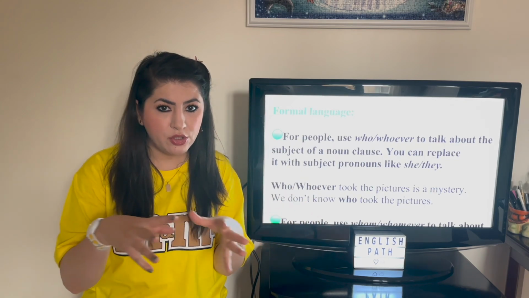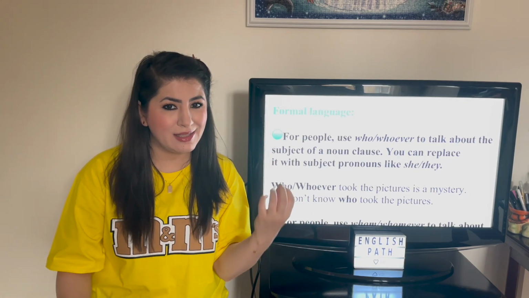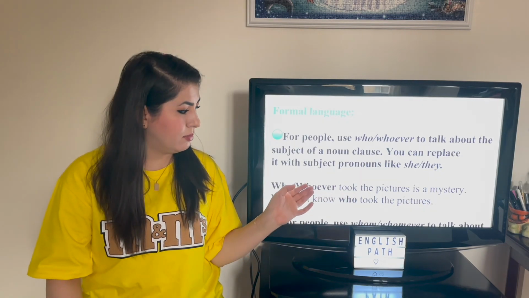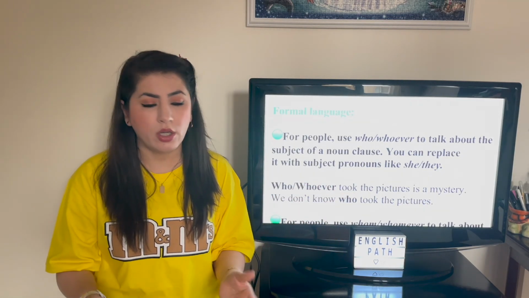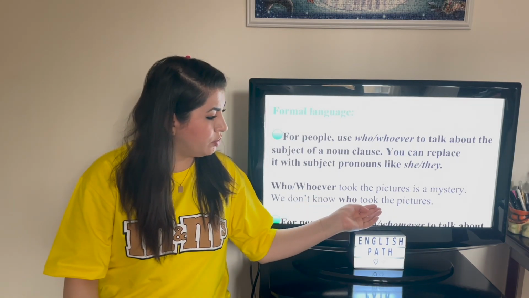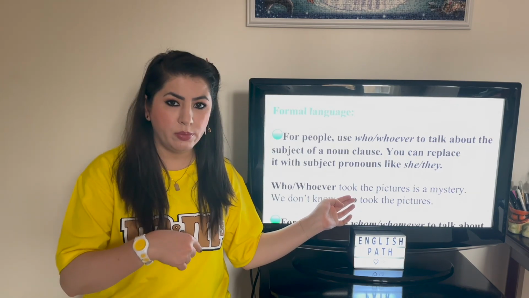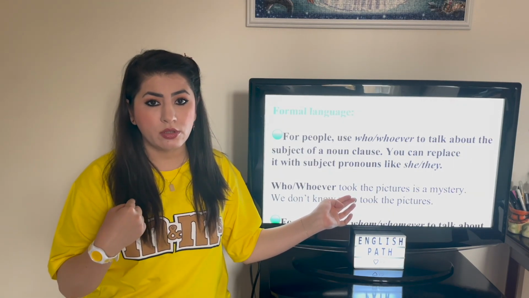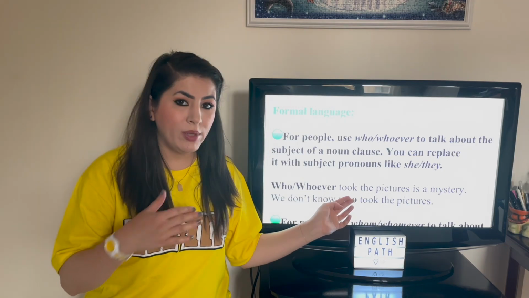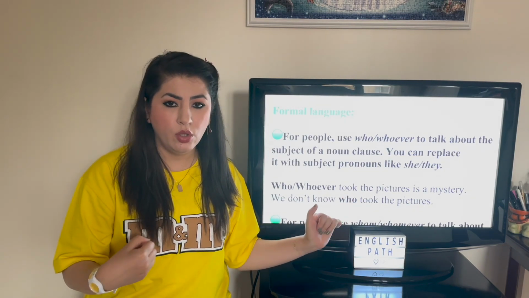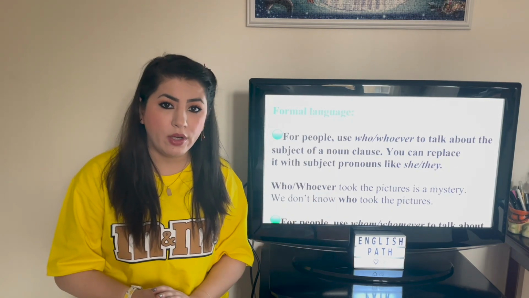So a person took the pictures and that person is the subject. So she took the pictures. It works. They took the pictures. It works. Or we don't know who took the pictures. Who took the pictures? She took the pictures. I took the pictures. We took the pictures. We can replace it with subject pronouns. So we have to use who, or in this case, whoever.